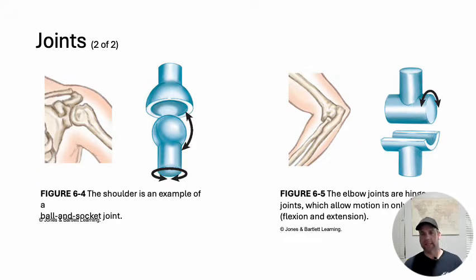So by understanding the structures and functions of these different joint types, you'll be better equipped to assess injuries, stabilize them properly, and anticipate associated complications such as nerve damage, vascular compromise, or any type of hidden fracture.